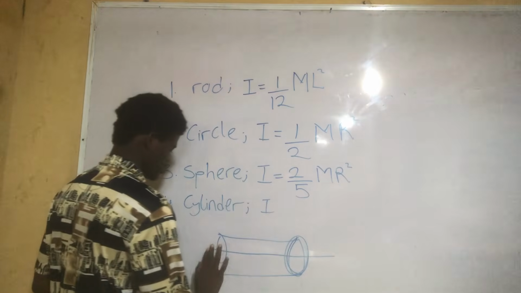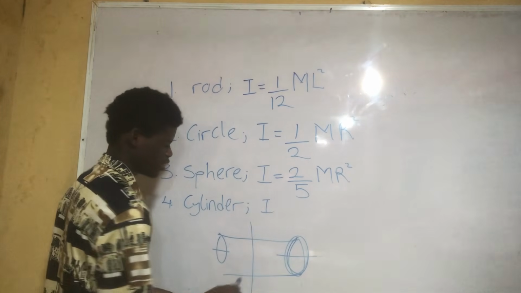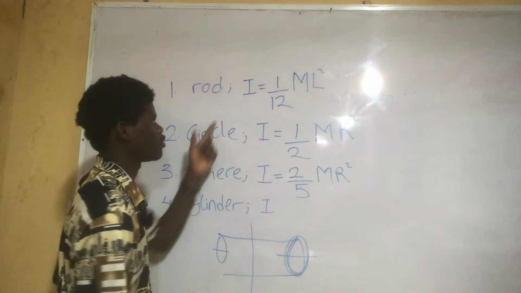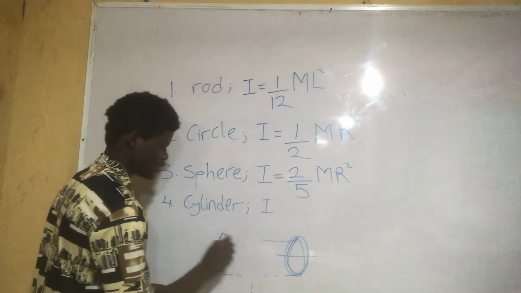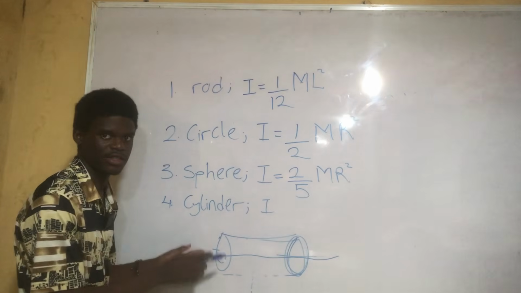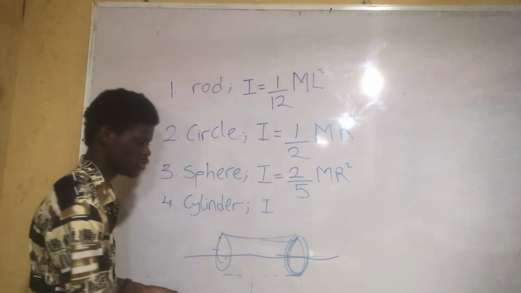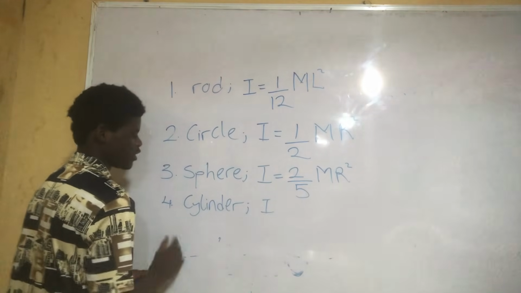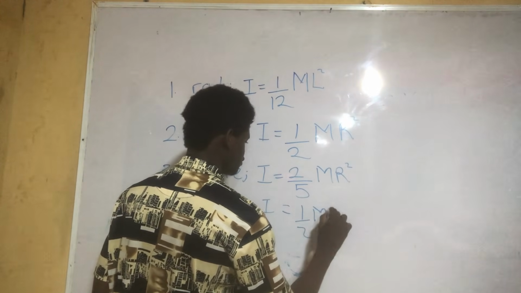But when the axis comes in this way, it will not be a circle, it will be like a rod, and the moment of inertia will not be 1/12 mr². Most of the time, we consider the cylinder with the axis coming like this. If it's like the other way, it's already a rod. But if it's like this, consider it a cylinder, so the moment of inertia is still that of a circle, 1/2 mr².